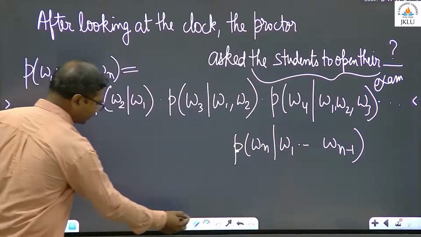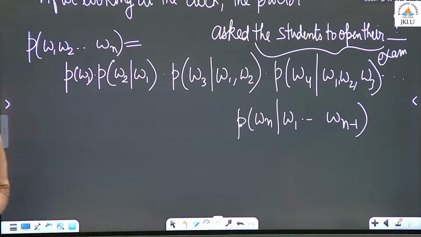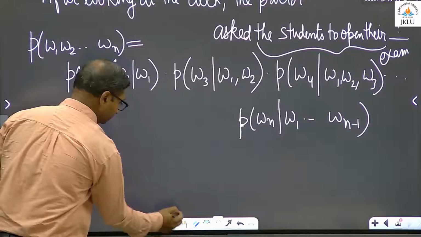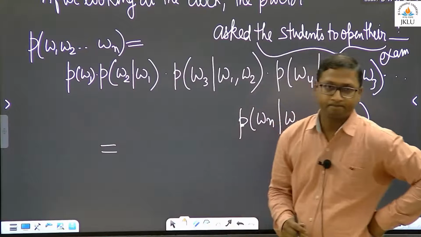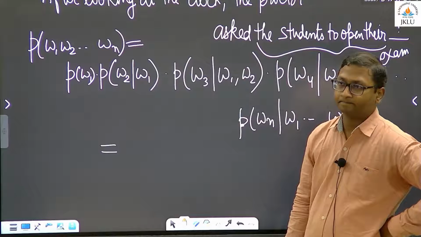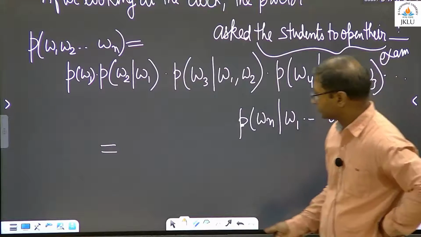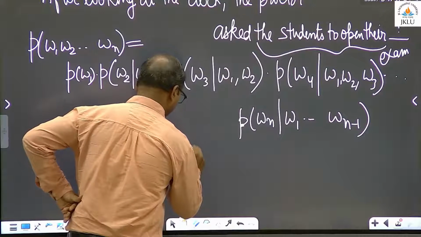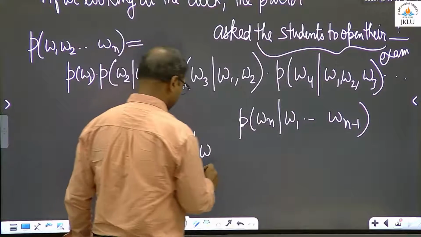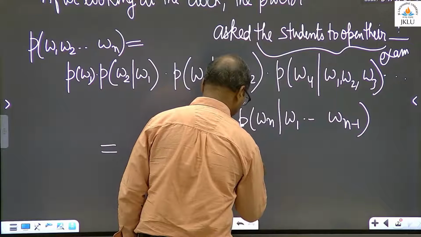Now how do I make this formula compact? This is equal to the probability of Wi given W1 to Wi minus 1.